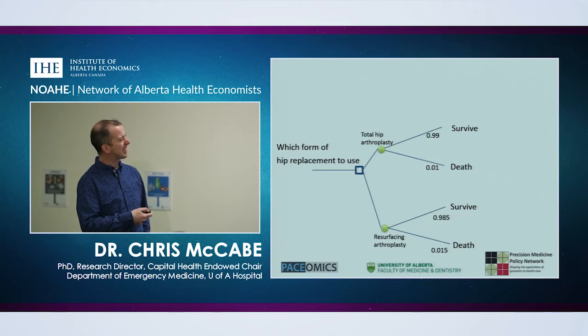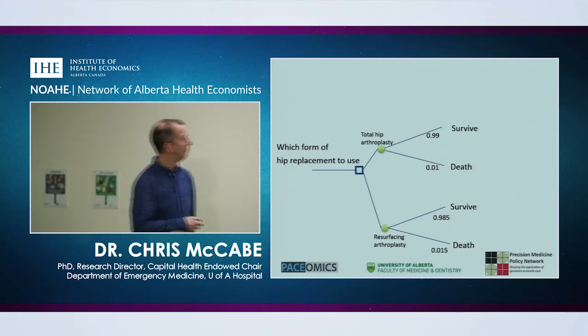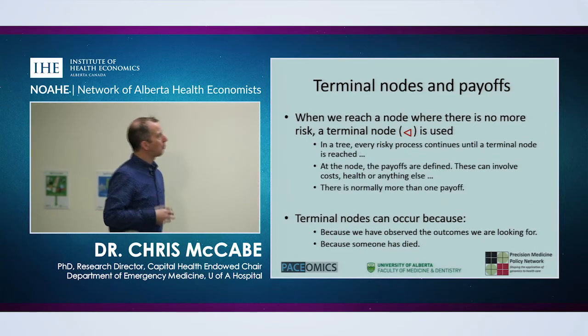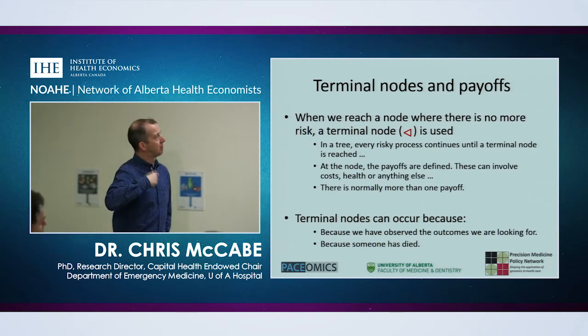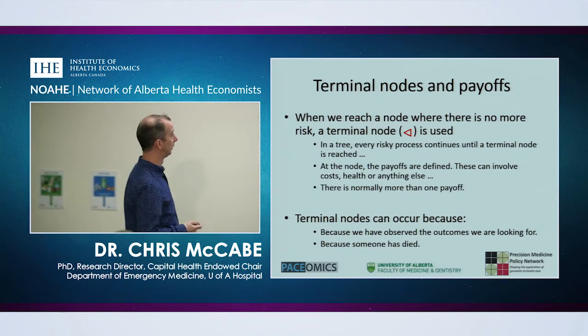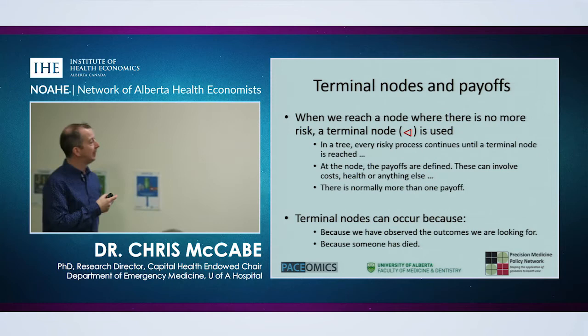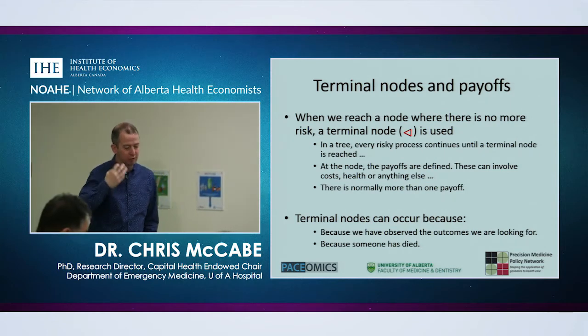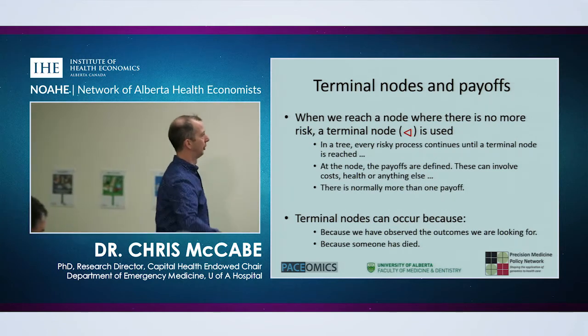Resurfacing, you've got a slightly lower probability of surviving, and hence a slightly higher probability of death. When we reach a point where there is no more risk, we call this a terminal node. So we've got to the end of our pathway. In a tree, every risky, uncertain process has to arrive at a terminal node.